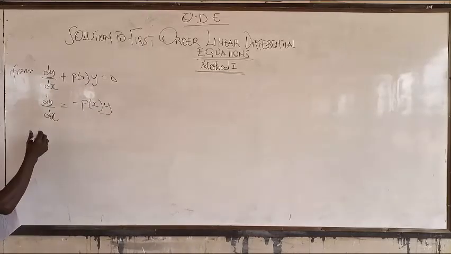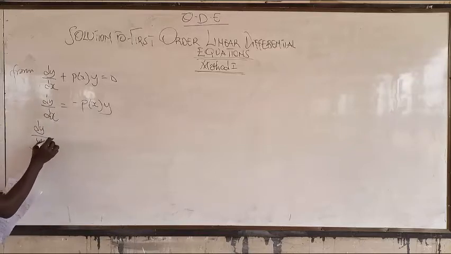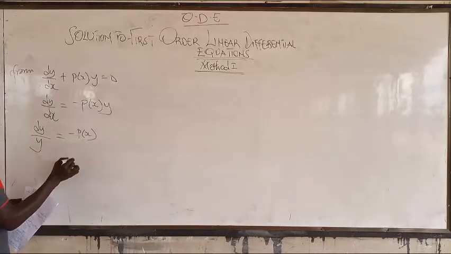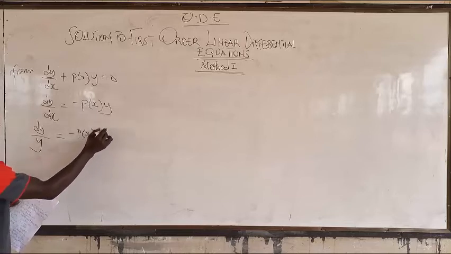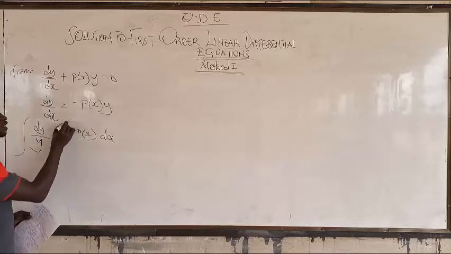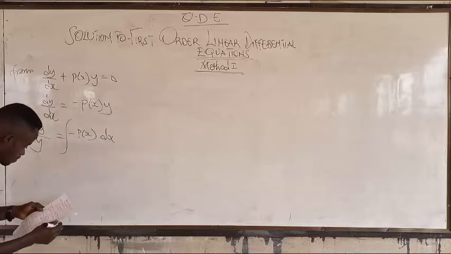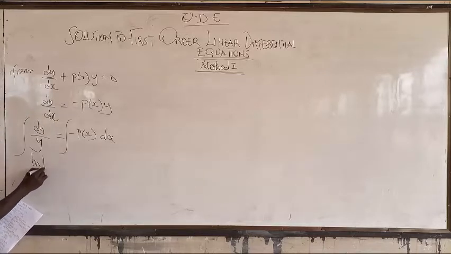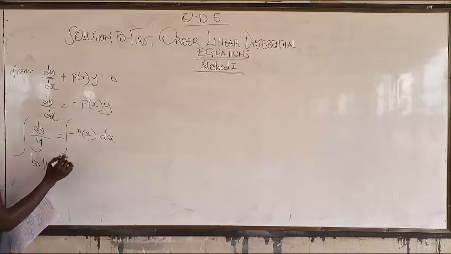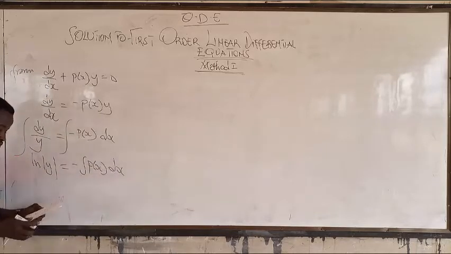To do this, we write dy/y being equal to negative p(x) dx. After that, we take the integral of both sides, here with respect to y, here with respect to x, and we end up getting ln y equal to the integral of negative p(x) dx, which we leave in that form as an unknown function.